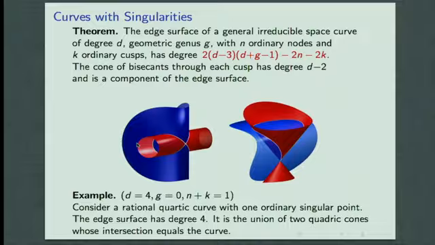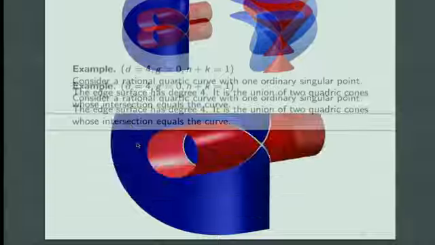I'm going to illustrate this by a picture, looking at the case of rational quartic curves that have either one node or one cusp. In this case, the edge surface has degree 4. It's the union of 2 quadric cones whose intersection equals the curve, and there's a small difference between the two, which I will visualize in these diagrams.